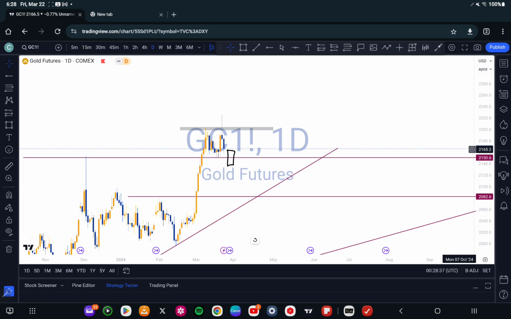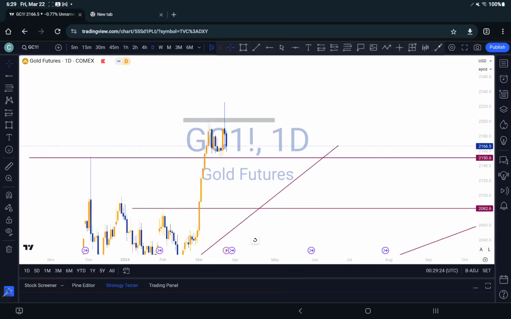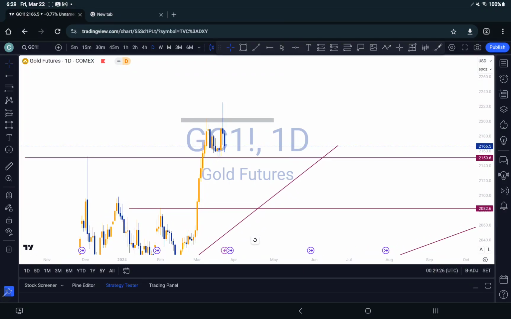And to sell, at least this will be our next target, because we had this break of structure right here with this impulsive movement, and some sort of correction to this level to push to the upside, or to at least come down a little bit more to retest the zone right here before pushing to the upside. So that will be based on how we're going to react to the market.